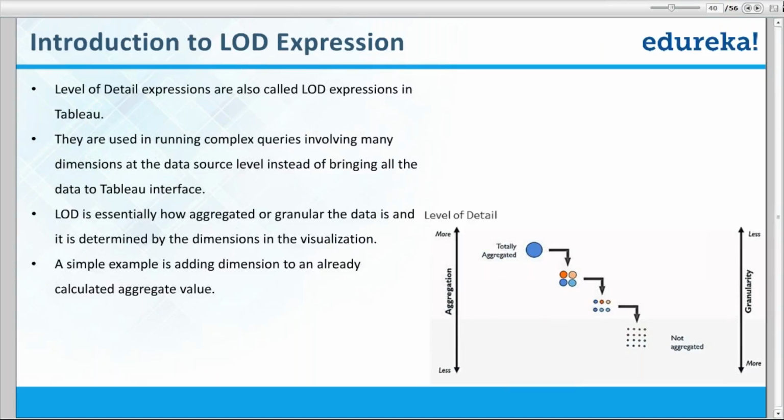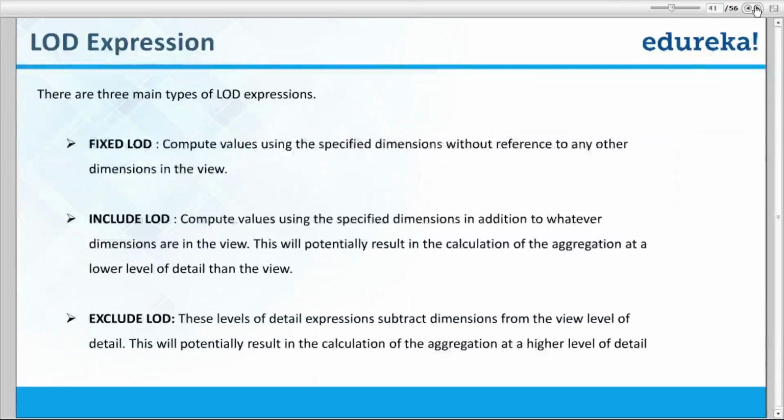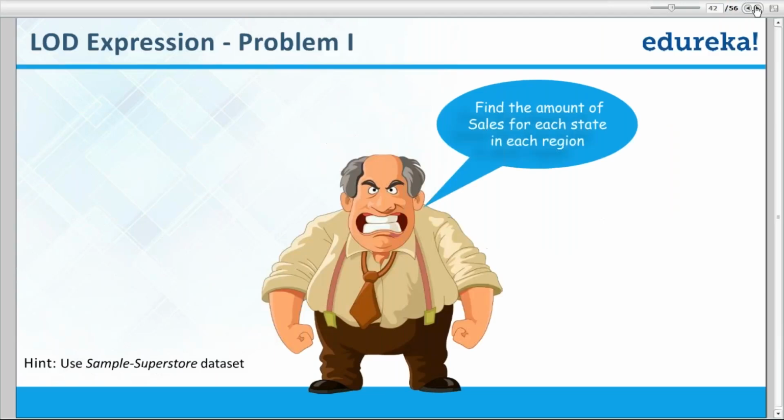So, for example, I'm having a particular table here. Let me first show you an example, then let's move on to this. So this LOD expression, friends, see here is an example for you.